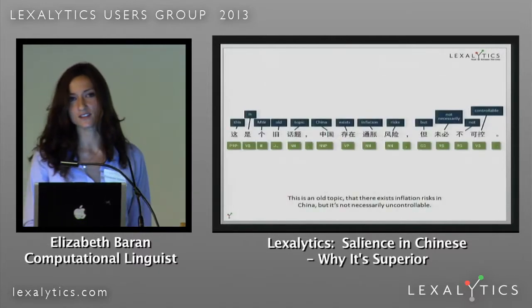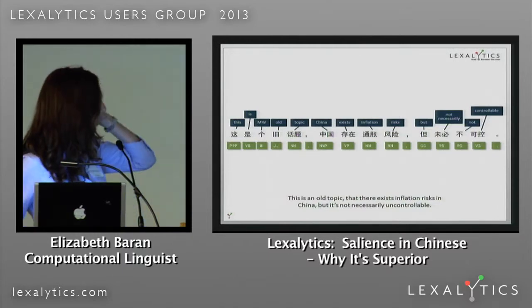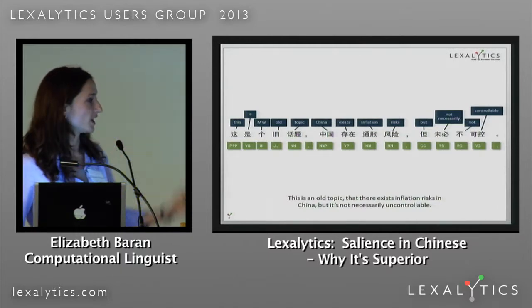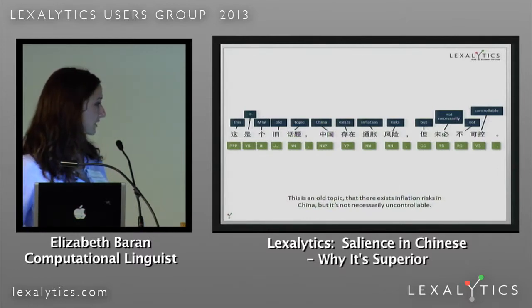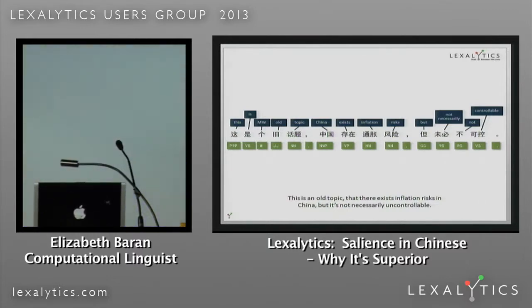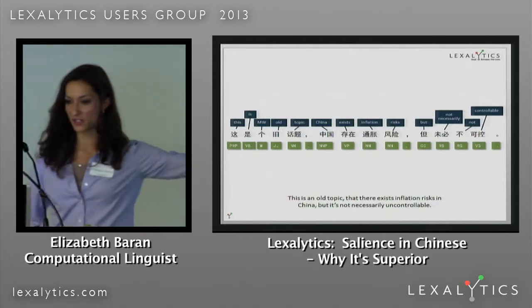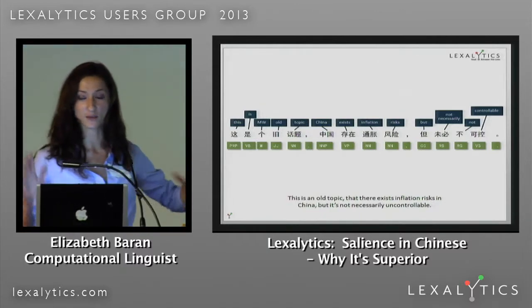Part-of-speech tagging is very similar to what we do for other languages. There's a few modifications for the tag set because there's things in Chinese that just don't exist in English or other languages. And you'll see, for example, this one right here. It's a measure word. Measure words are everywhere in Chinese, and they come before nouns.